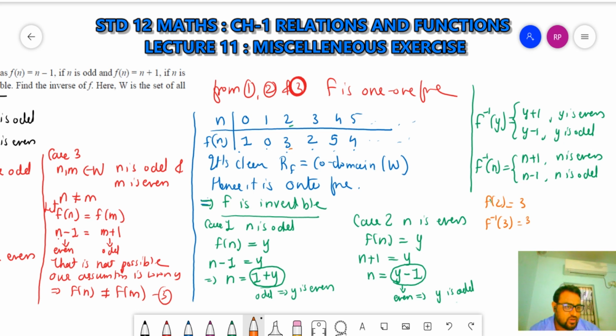So 3 minus 1 equals 2. Similarly, let's take f of 3. What did I get for f of 3? 2. So f inverse of 2 must be 3. Here 2 is even, so for n even, the inverse is n plus 1. 2 plus 1 equals 3. So this shows that I am correct. So this was about the inverse function. Clear? So just note it down.